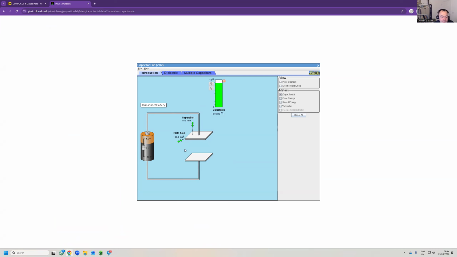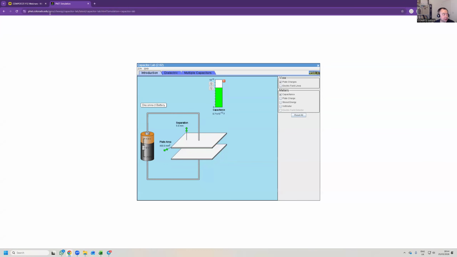If I move the plates closer, the capacitance increases. If I move the plates further apart, the capacitance drops. Now, if I want to further increase the capacitance, I can increase the area. So increasing the area and moving them closer together makes the capacitance bigger.